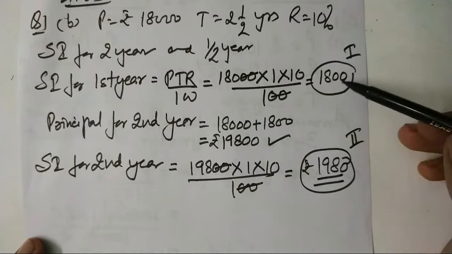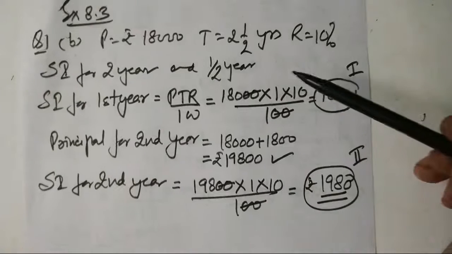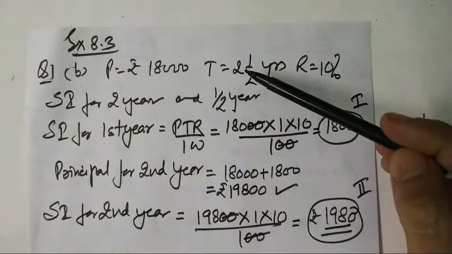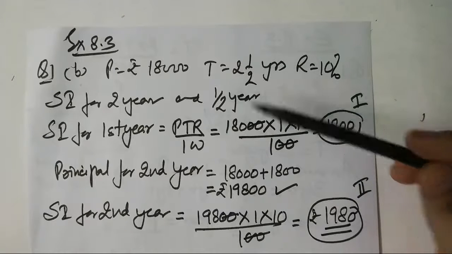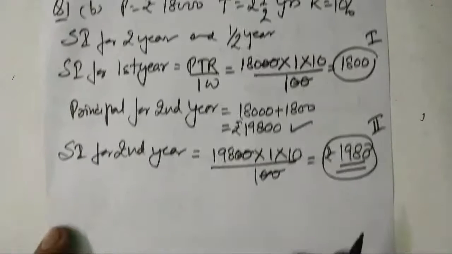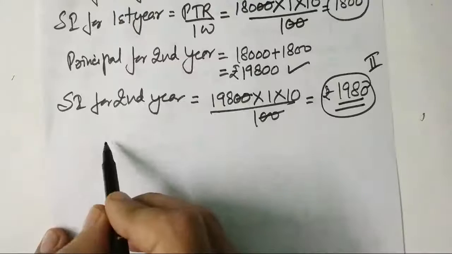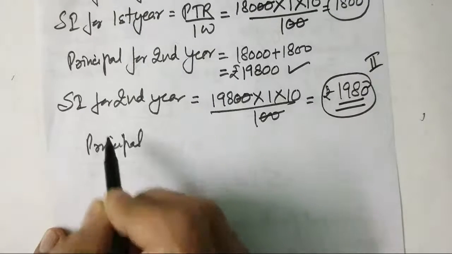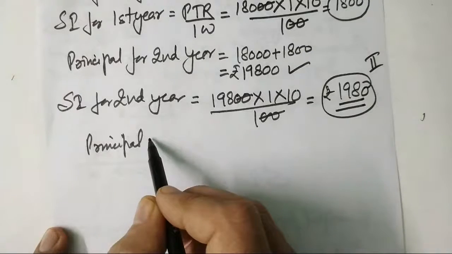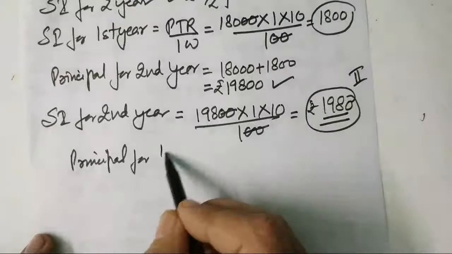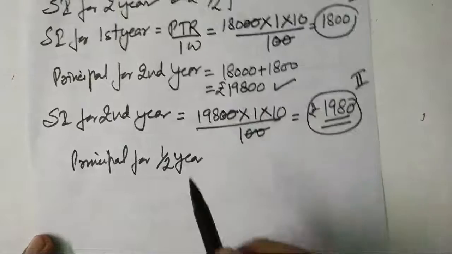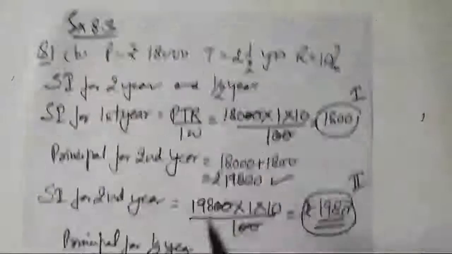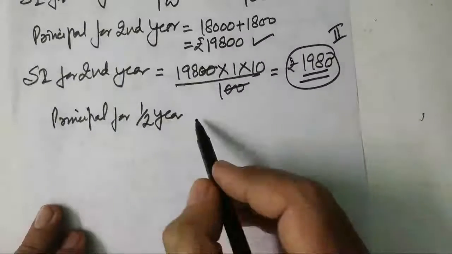Now we have calculated interest for 2 years, but the time is 2.5 years. So now we will calculate the principal for the half year. Half year means the 2.5 year. So what is the principal for the half year?